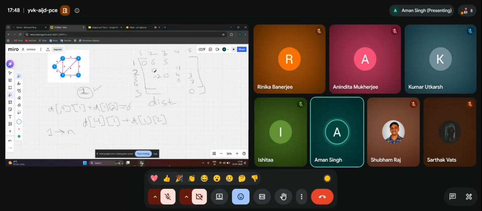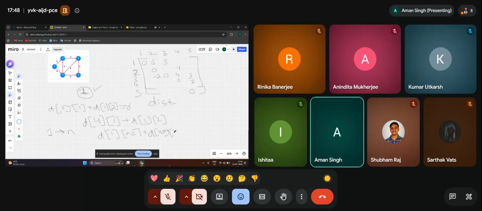And we keep updating by this method: distance of i to via, where via is the intermediate node, plus distance of via to j.